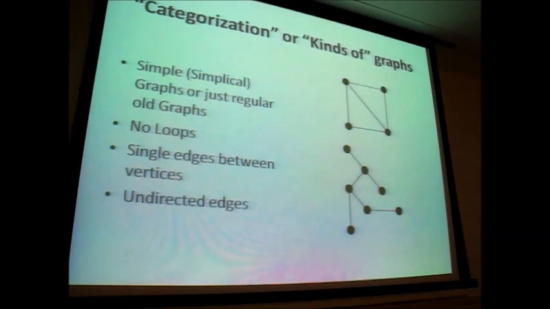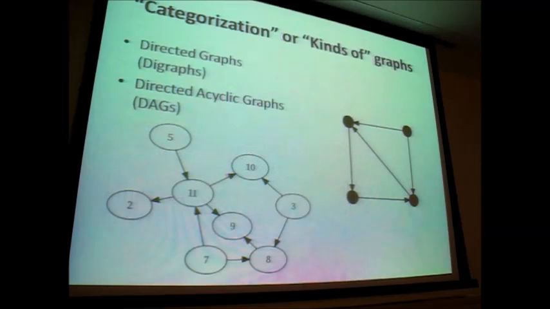And then this is a simple graph, also referred to as simplicial: single edges between vertices, and no loops. In this case, we're talking about undirected graphs. There's also the idea of directed graphs, which means you have a direction on the edges. So these two have a relationship or a path that you can travel along, whereas backwards you can't.